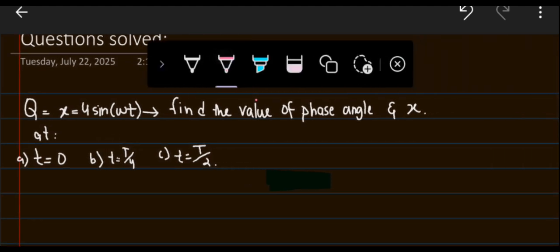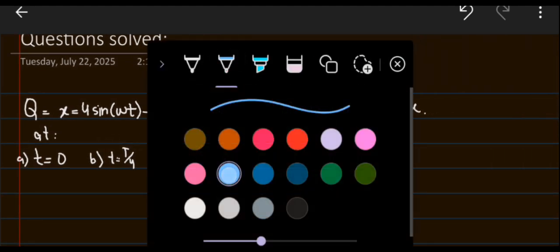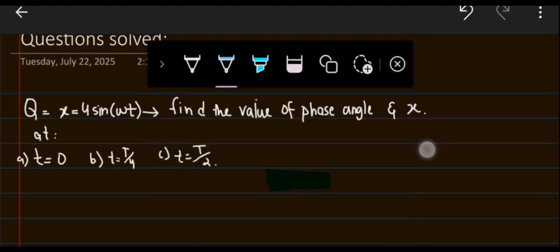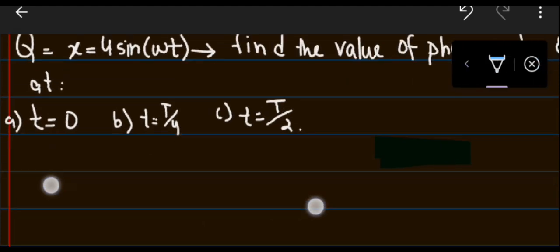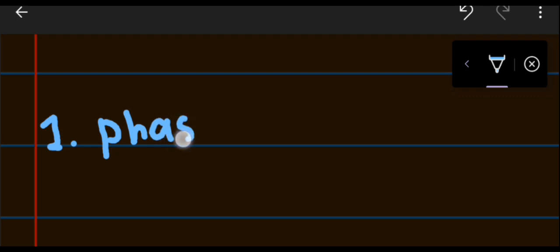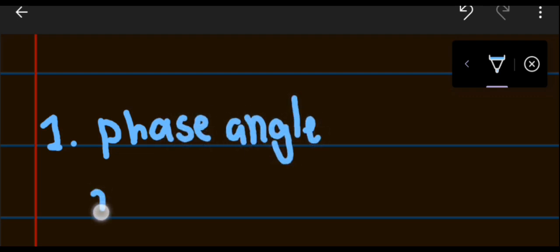So let's solve. First I'm going to solve one for you guys and the remaining you have to solve on your own. First of all, to find the phase angle, we have the equation x is equal to x naught sine omega t.